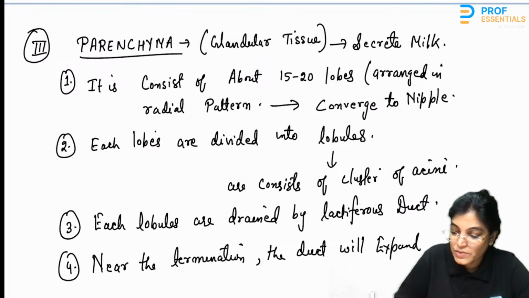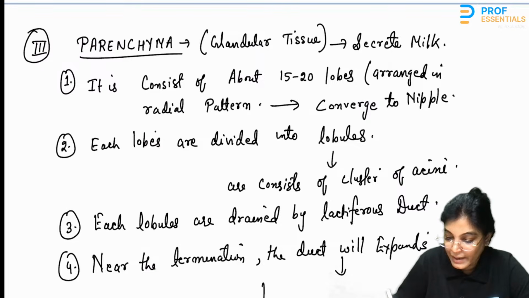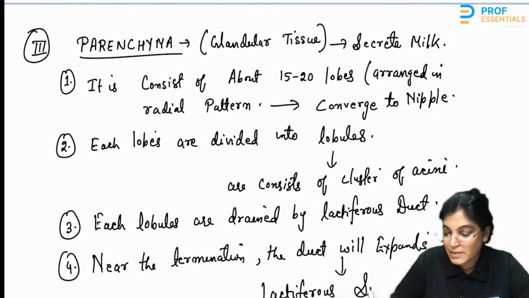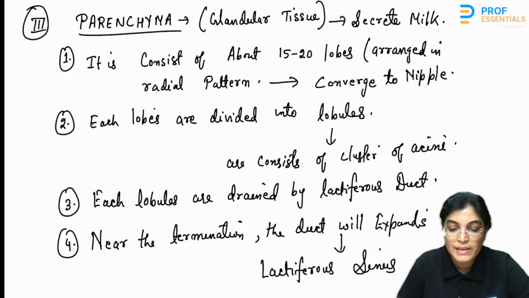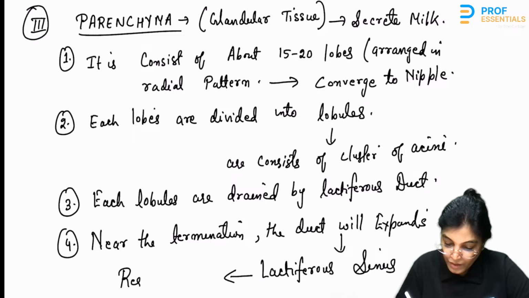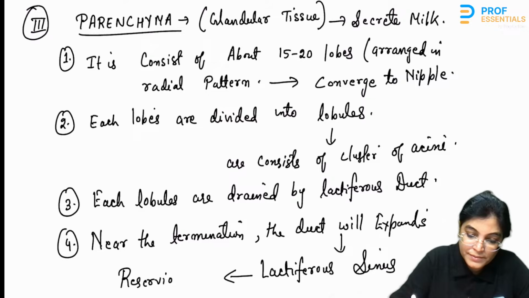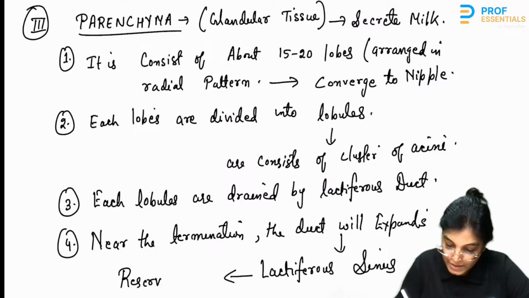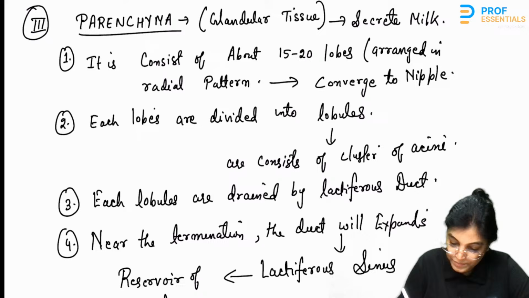What is it called when it expands? It is called the lactiferous sinus. Where it expands is called the lactiferous sinus, and the lactiferous sinus acts as a reservoir of milk.